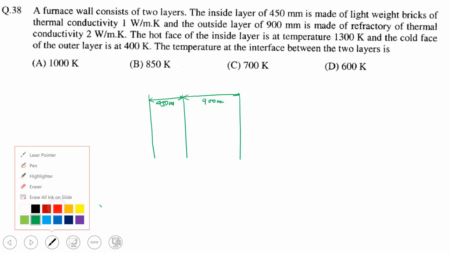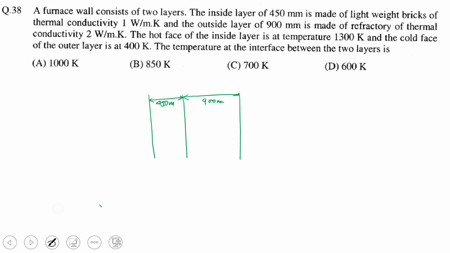The thermal conductivity is 1 watt per meter Kelvin here and 2 watt per meter Kelvin here. The inside temperature is 1300 Kelvin and the outside temperature is 400 Kelvin. So there will be a temperature drop something like this, and we have to find this middle temperature, that is Tm.